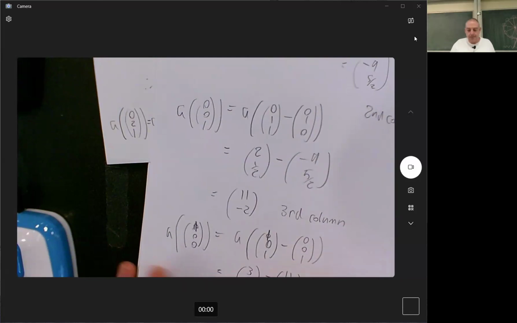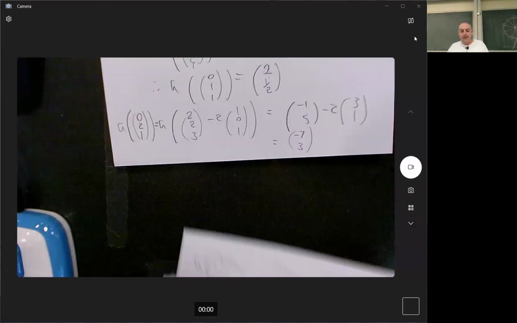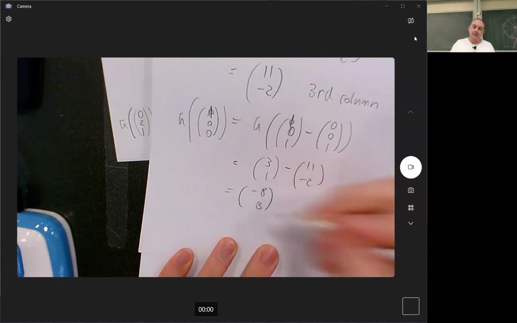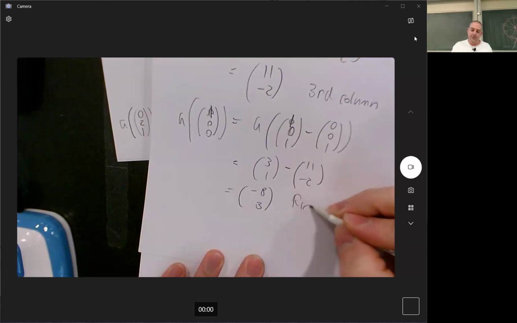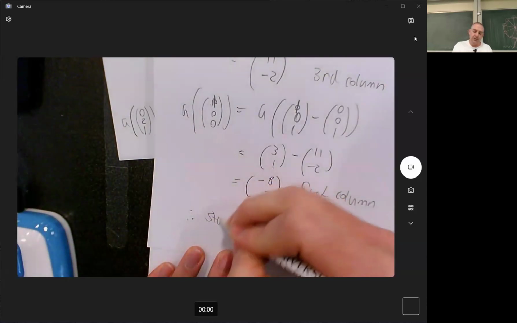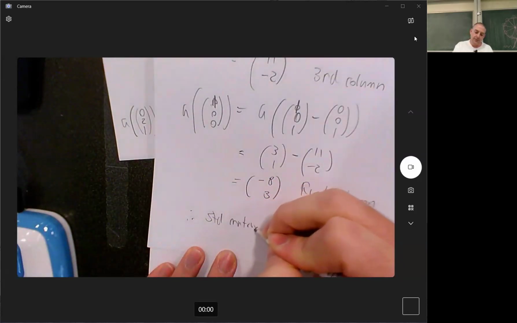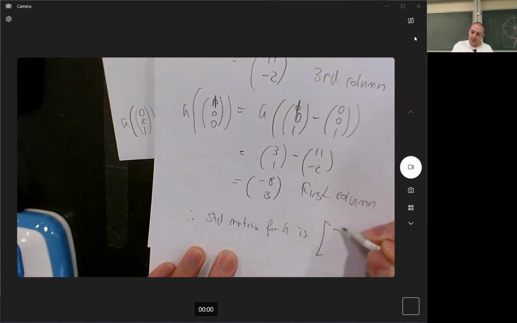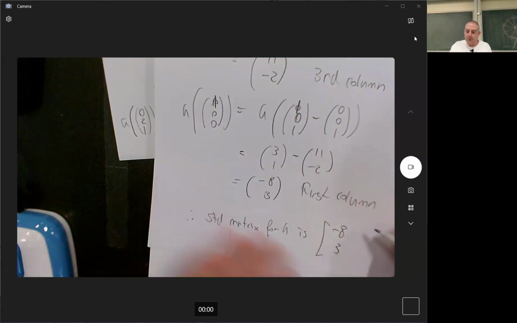And so I've got minus 8, 3. First column. And so therefore, the standard matrix for G is first column, second column, third column.